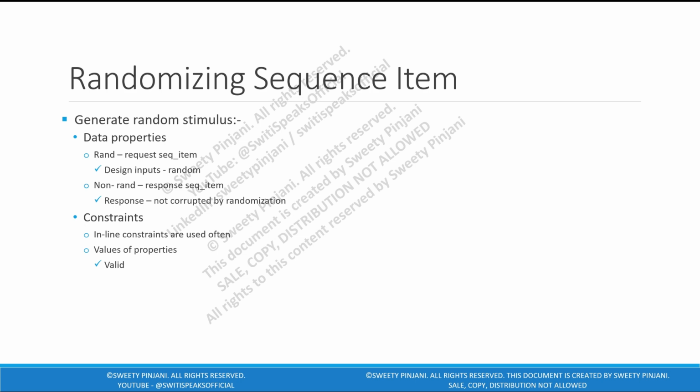For example, your design requires a particular bit in memory to be always set to 1. Your constraints should say that that particular bit should always be set to 1, because your design says other values are invalid. You have to take care while coding the constraints so that only correct values are taken by the design inputs, because if you give incorrect values, then the output will not be correct.